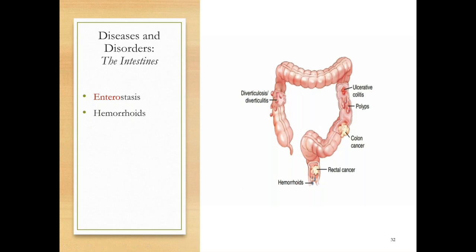Irritable bowel syndrome, known also as IBS, is abnormally increased motility of the small and large intestines of unknown origin. Lower gastrointestinal bleeding can be caused by diverticulosis, diverticulitis, ulcerative colitis, polyps, colon cancer, rectal cancer, or hemorrhoids, masses of veins in the anal region.